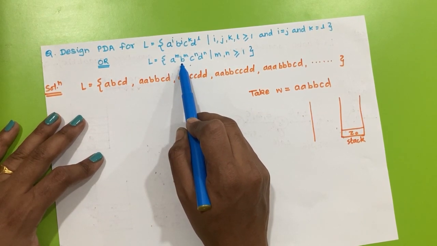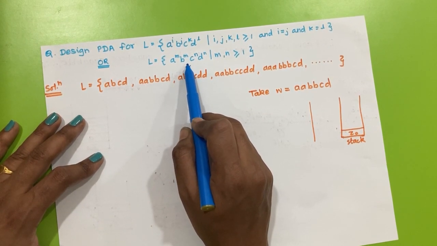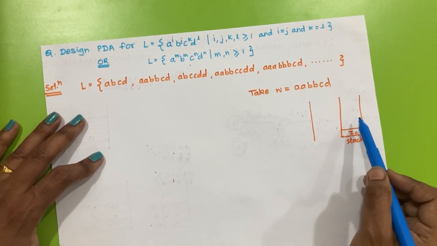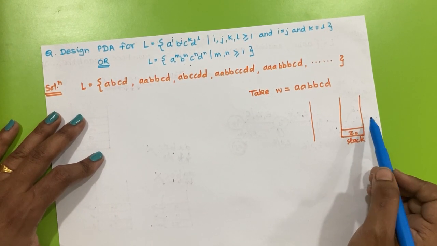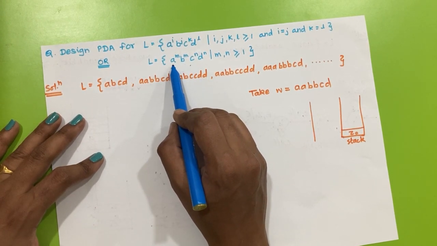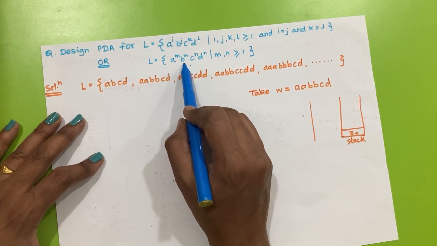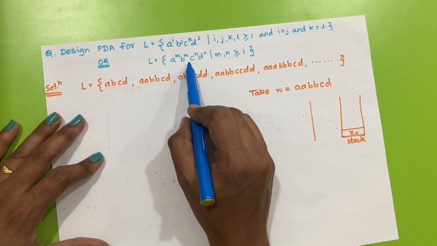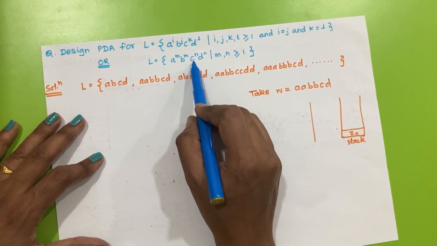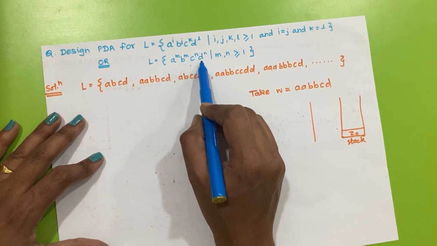Whenever we finish with all B's, then it is expected that all A's from the stack will also get popped out. So that will define that number of B's is equal to number of A's. After the finish of all B's, we will start reading C's.